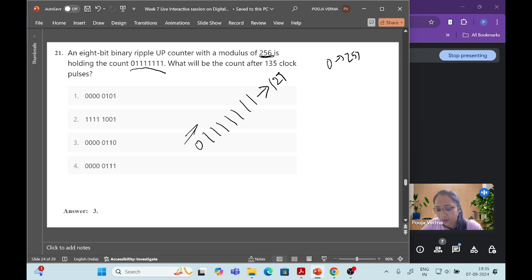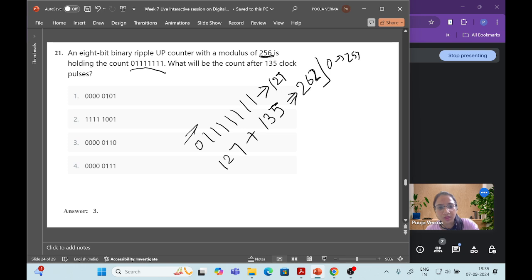So after 135 clock pulses, what will be the value? Currently it is 127, and if we add 135 to this, we get what it will hold after 135 clock pulses.